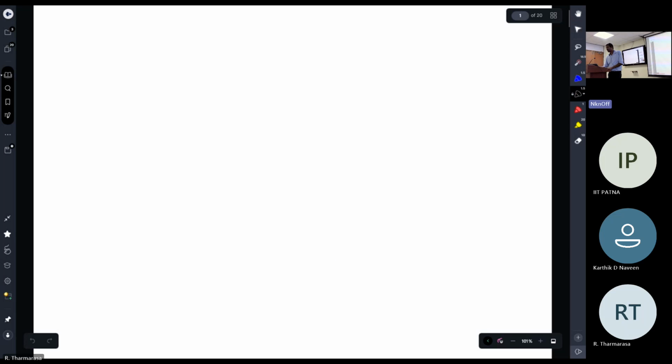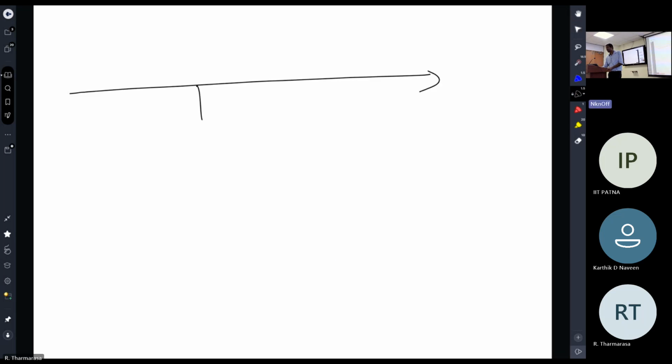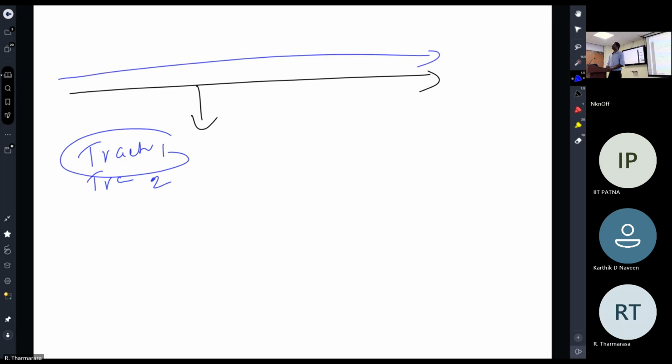One simple way to form the tracklet is this: you communicate here. In the local node, you have two trackers, tracker 1 and tracker 2. Two trackers are in the same node. This is the normal tracker, so you keep on updating here. This tracker 2, we restart at this point.